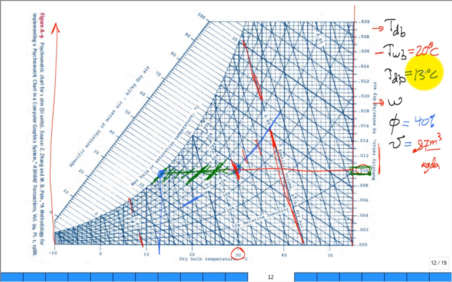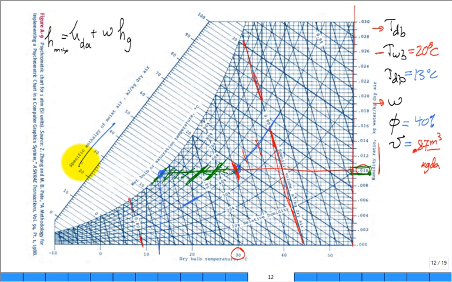Now there's one other one, and it's the specific enthalpy of the moist air. If you solve a number of these problems, it's convenient to introduce not just the dry air enthalpy, but also the humidity ratio times the enthalpy of the vapor in that mixture. So this is the definition of h of the mixture.